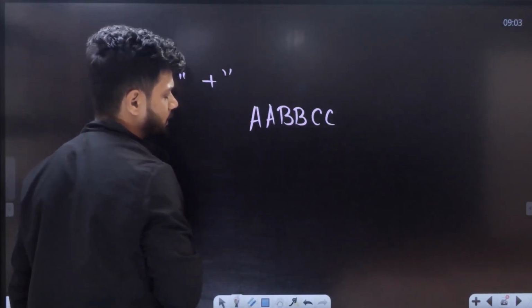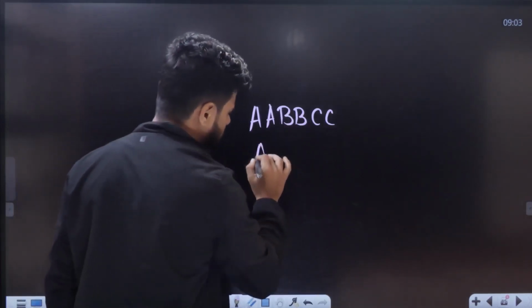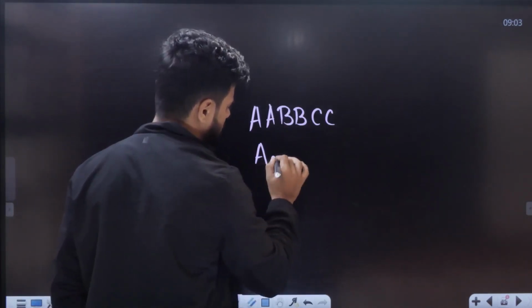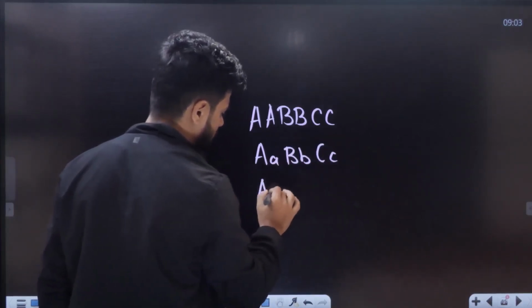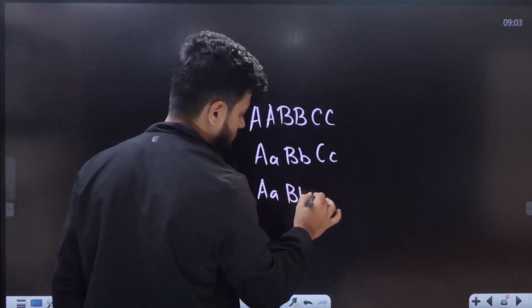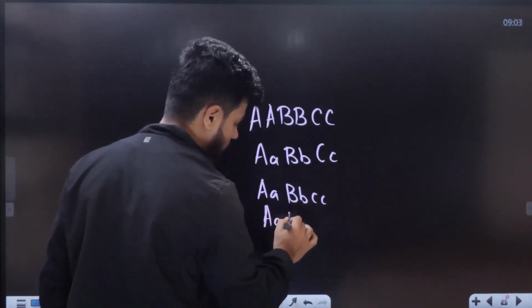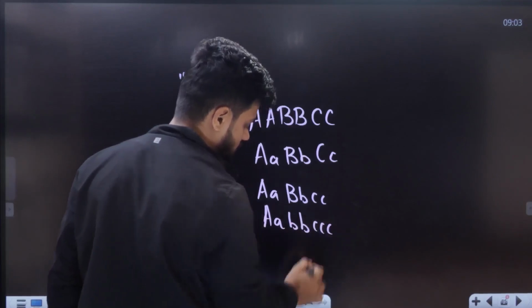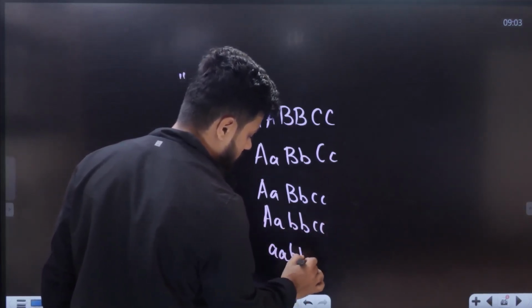Similarly, I have one more set, gene A, gene B, gene C, and let's take one more set with small a, small b, small c.